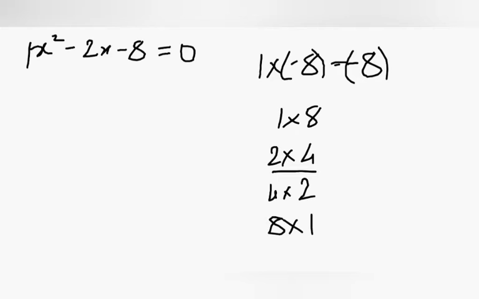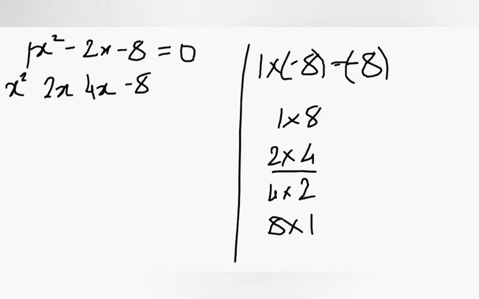When 2 and 4 are added or subtracted, when they are subtracted, we get 2. Now the point is, how do we get minus 2? So before writing that, you just write what you got. So x square, you do not write this with the sign, and minus 8 equals 0.